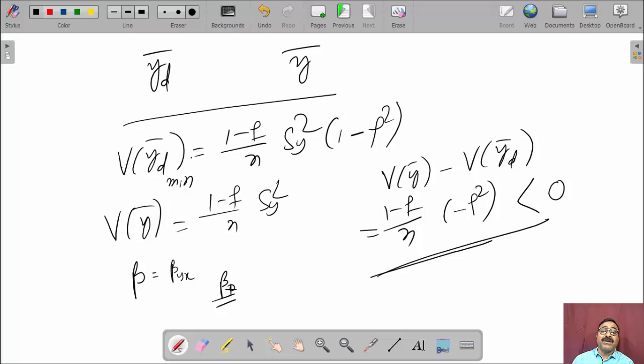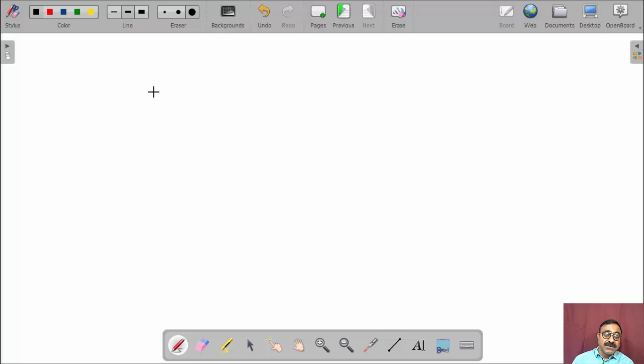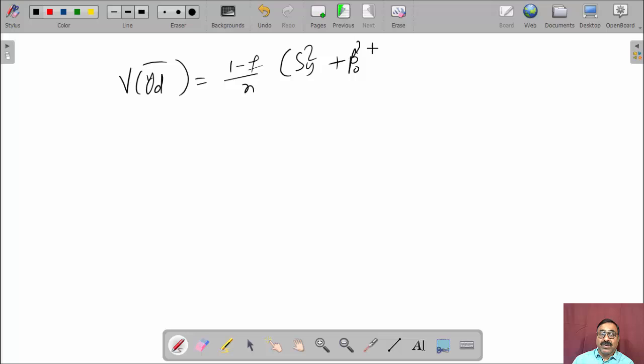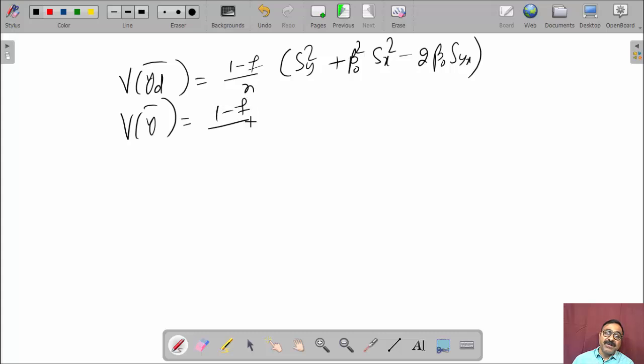But for any arbitrary value of beta 0, if we compare, variance of y_D bar is equal to (1 minus f) by n (sy square plus beta 0 square sx square minus 2 beta 0 syx), and variance of y bar is equal to (1 minus f) by n sy square.